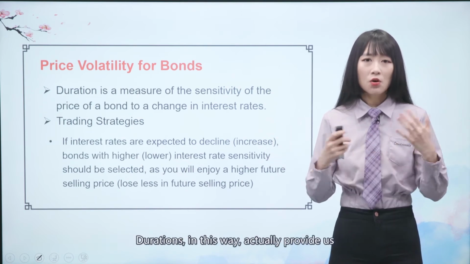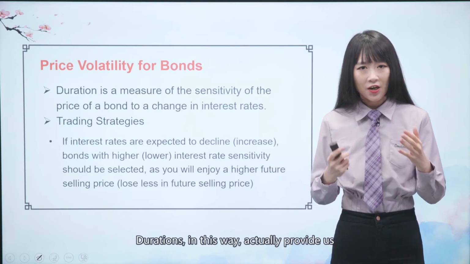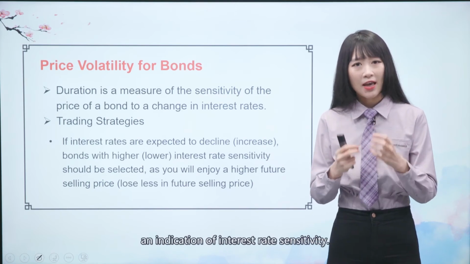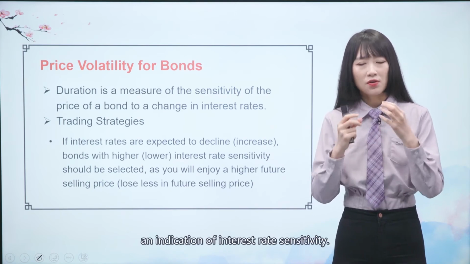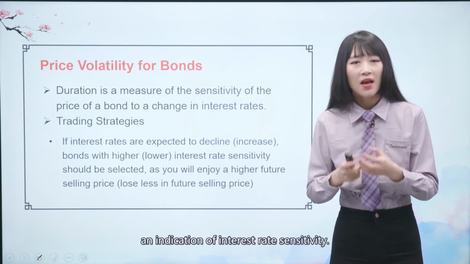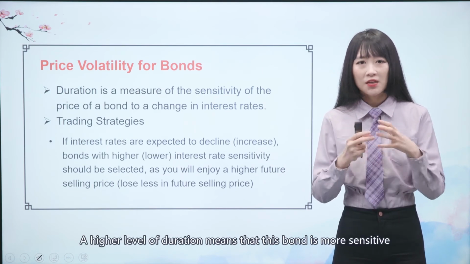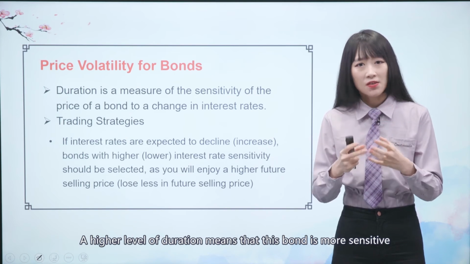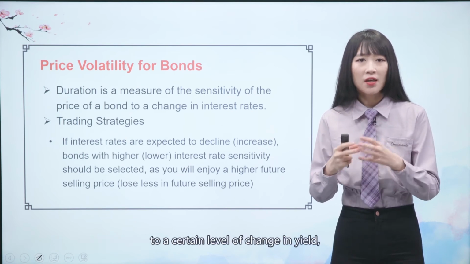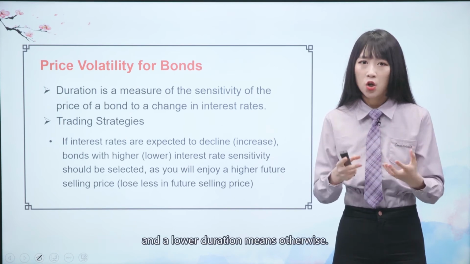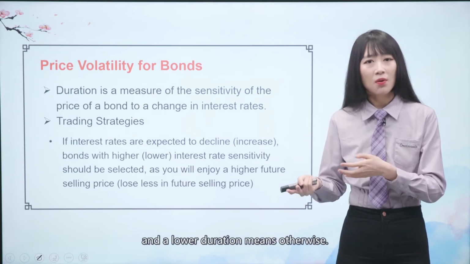So duration in this way provides us an indication of interest rate sensitivity. A higher level of duration means that this bond is more sensitive to a certain level of change in yield, and a lower duration means otherwise.